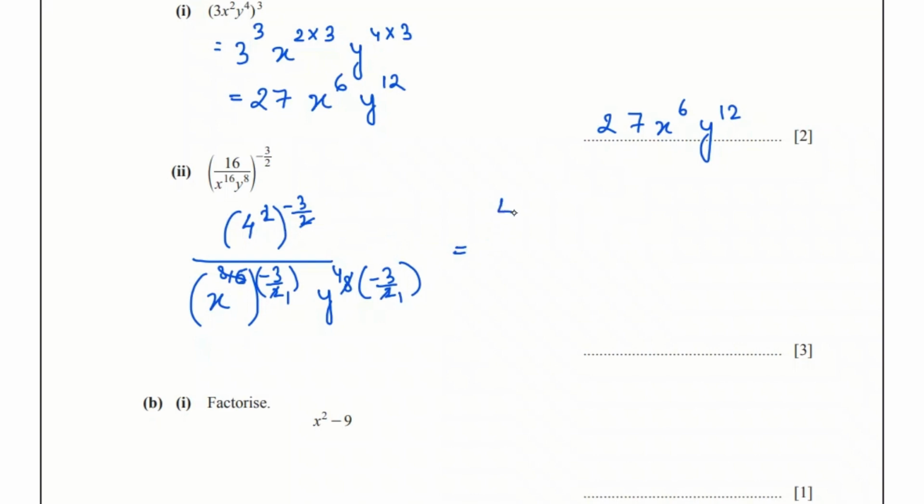So we have 4 raised to minus 3 upon 8 raised to minus 24 and y raised to minus 12. We take the reciprocals as a raised to minus 1 is equals to 1 upon a.